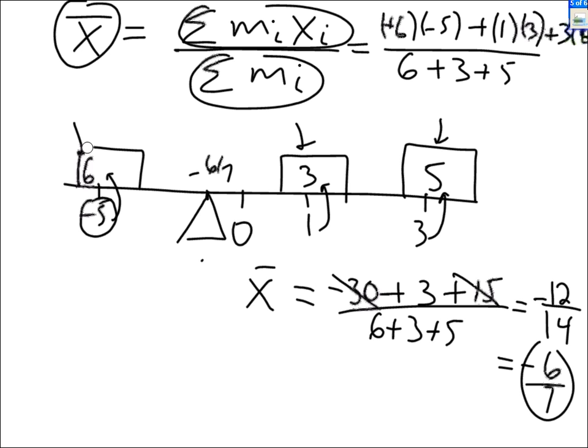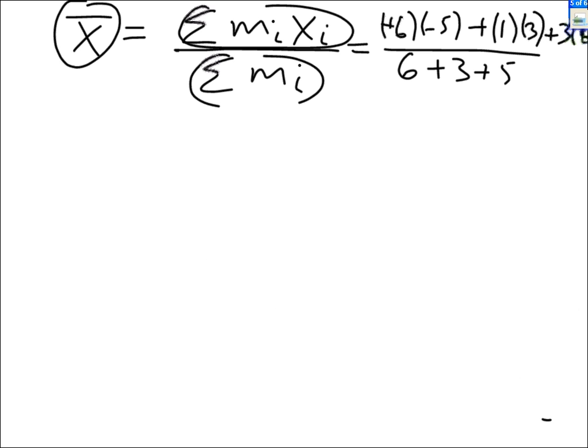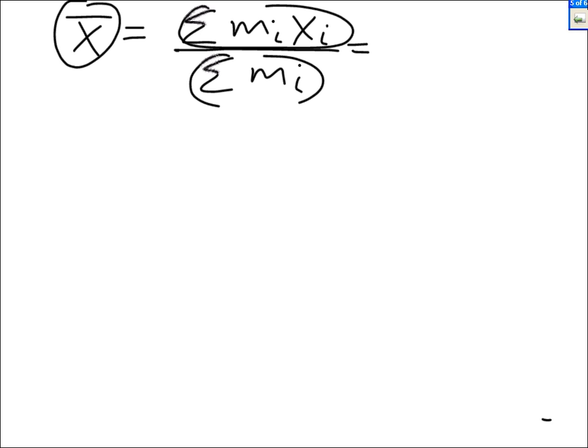Let's try another one like that. This is pretty neat. You want to know where to put the fulcrum so it balances. Let's really suppose that this is real life stuff.